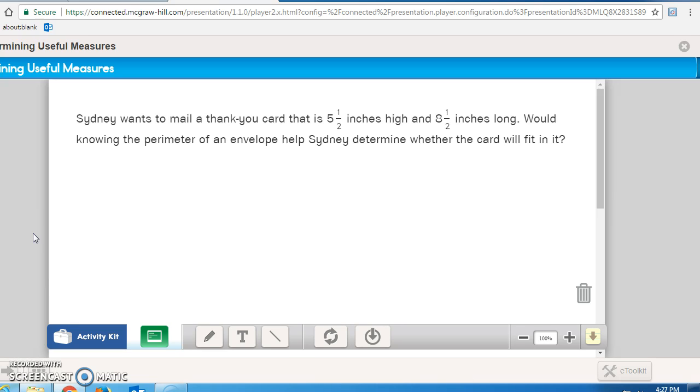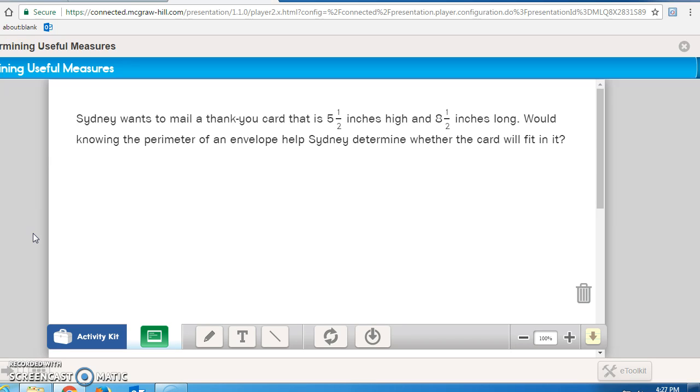Well, let's think about that. If I want the card to fit, the length and the height of the card and envelope are super important. The envelope needs to be just a little bit bigger than the card so that the card will fit inside. Knowing the perimeter of the envelope doesn't tell me whether the length and height are both a little bigger than the card.